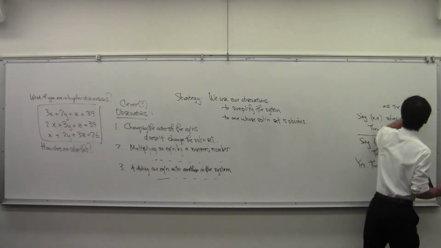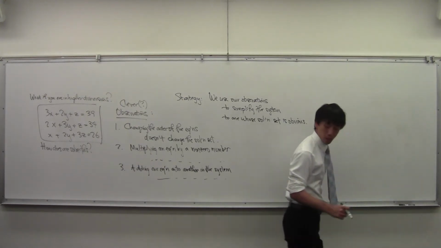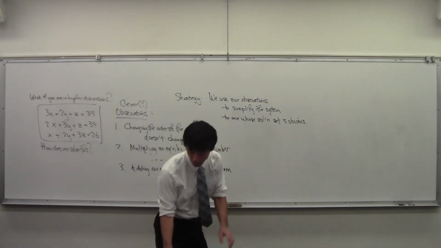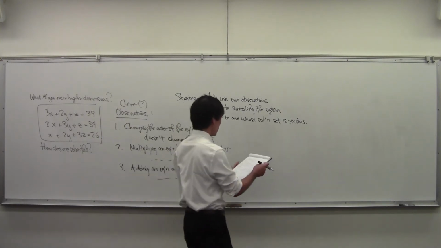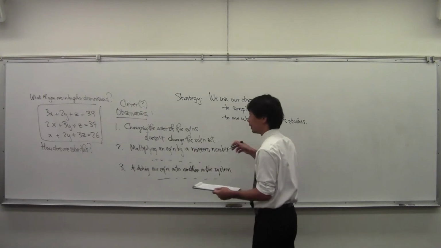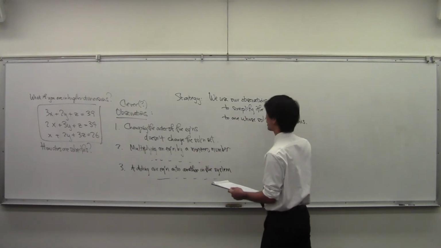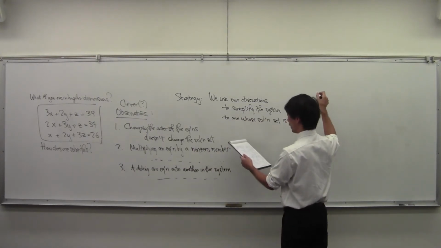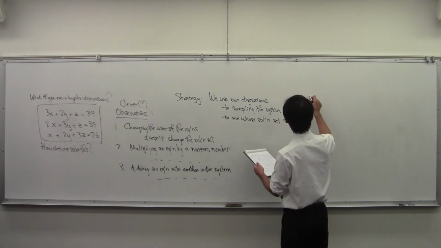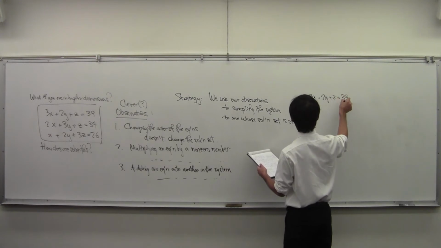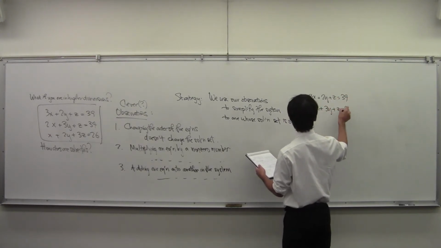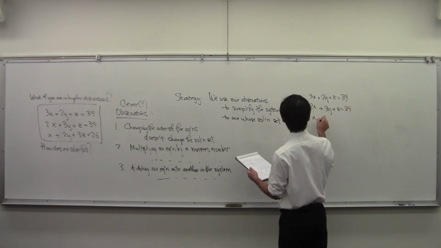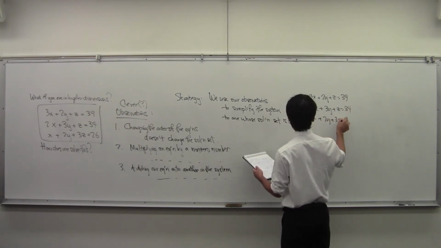Okay, so I'm going to do it in a particular way. It doesn't have to be this way, but say I start off with my system: 3x plus 2y plus z equals 39, 2x plus 3y plus z equals 34, x plus 2y plus 3z equals 26.